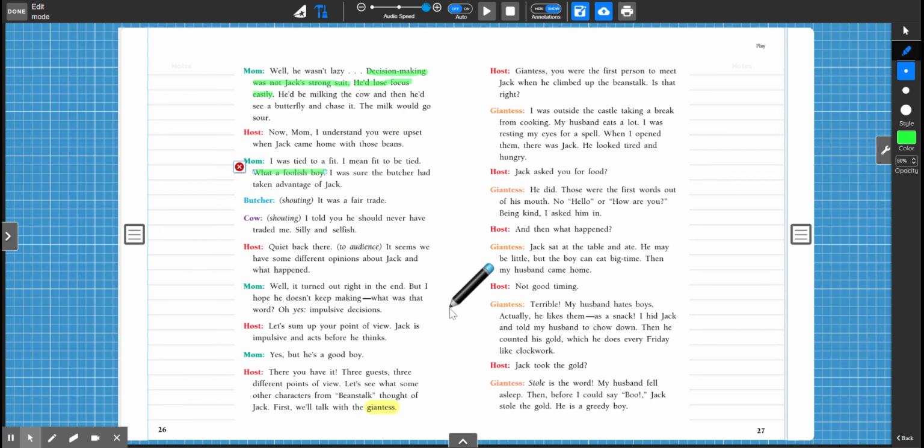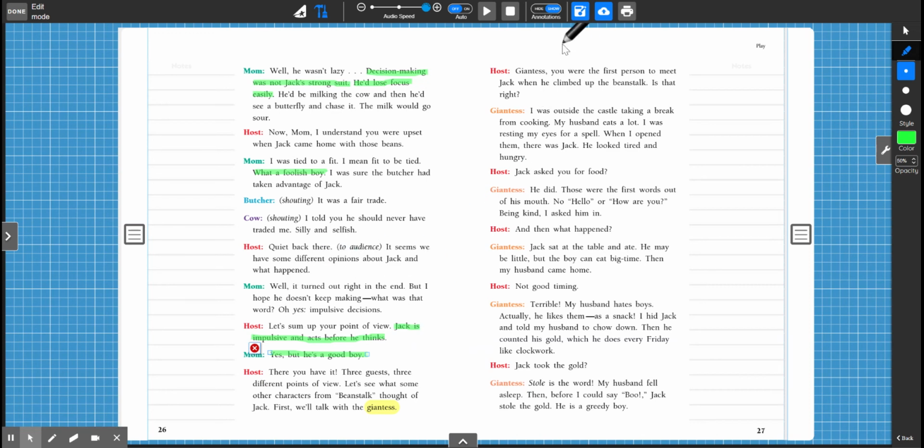And the mom also down here at the bottom, the host says, let's sum up your point of view. Jack is impulsive and acts before he thinks. So this is actually the mom's point of view. So we'll highlight that in the mom's color. And she says, yes, but he's a good boy. So mom knows he's impulsive and acts before he thinks, but she also thinks that he's a good boy.